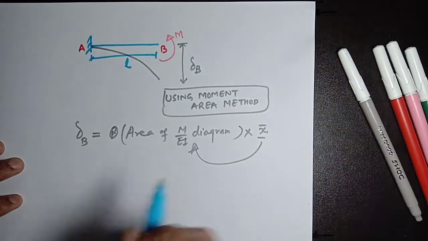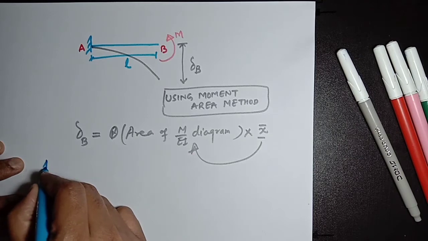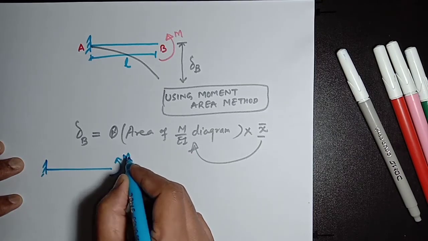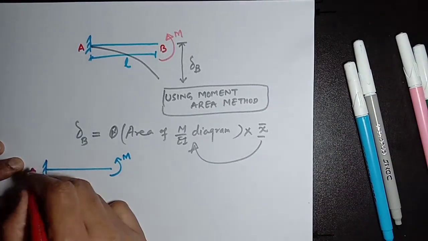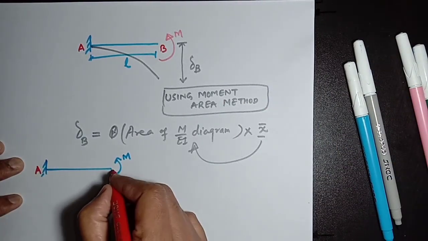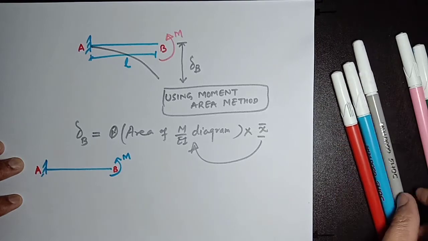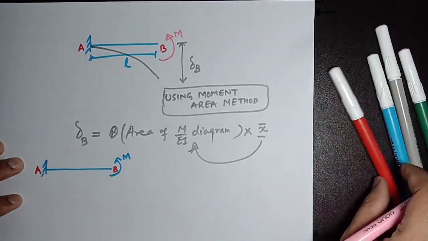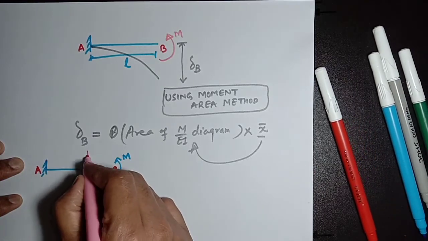Now here the beam is subjected to moment M, and this fixed support end is A and the free end is B. Here we need to find the general expression for moment.